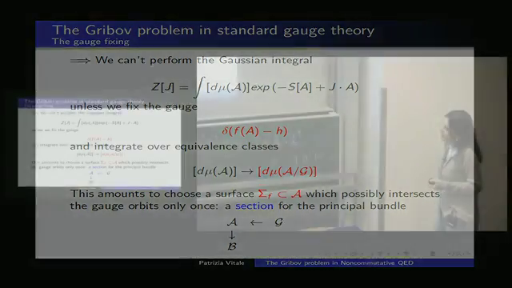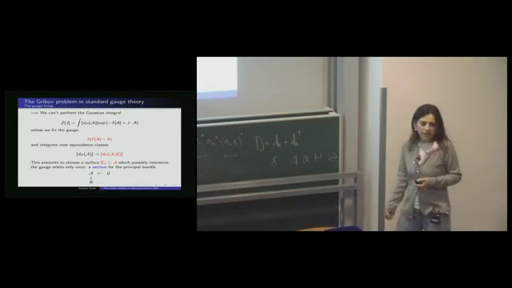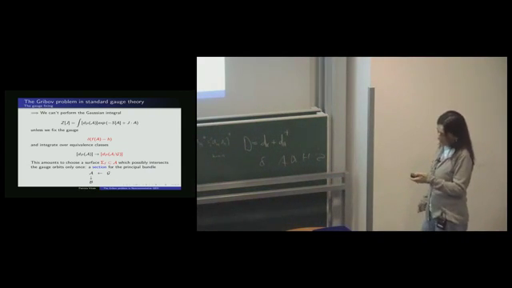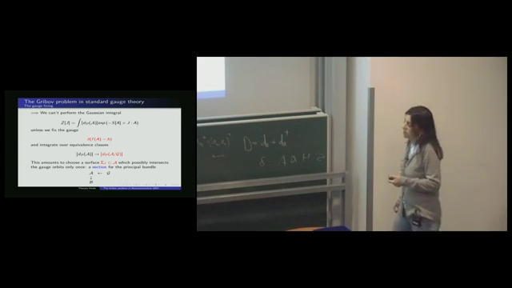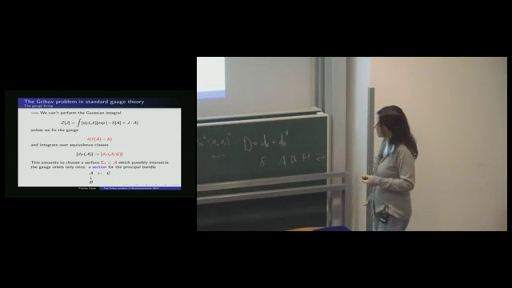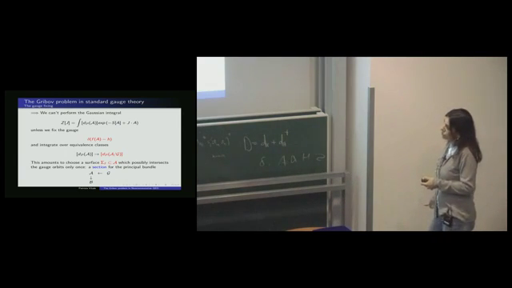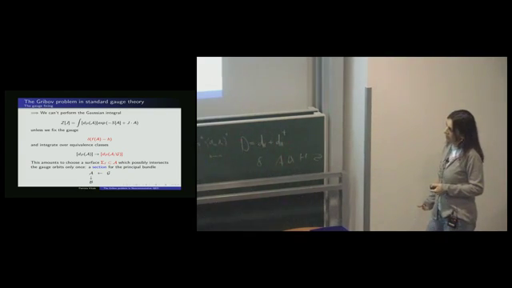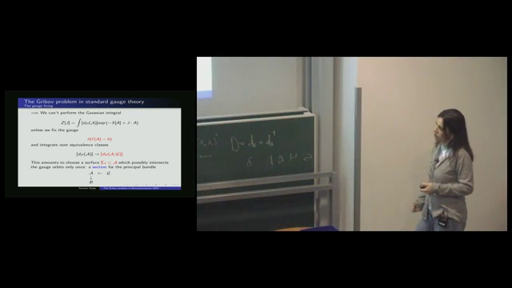So what is the problem here from a geometric point of view? The problem is that fixing a gauge this way amounts to choosing a surface in the space of connections. Namely, it amounts to choosing a section for this fiber bundle here, where I say again, A is the space of all connections, B is the space of equivalence classes of connections.